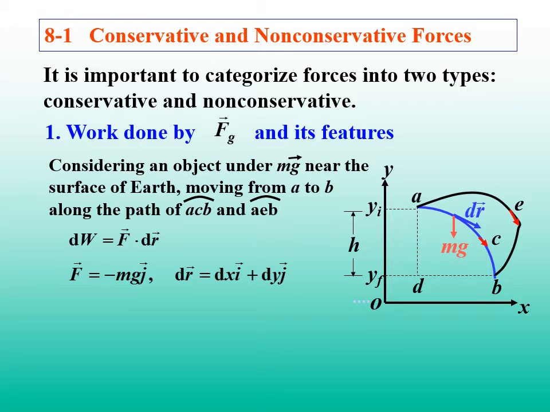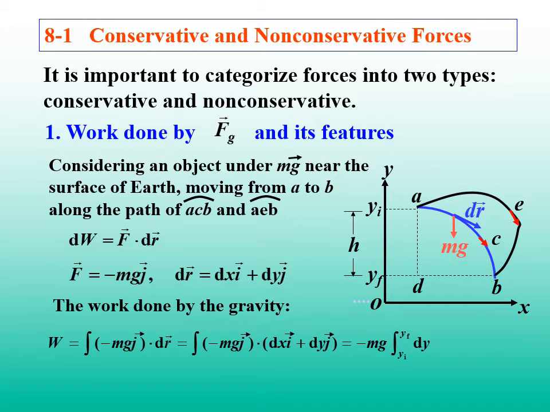The infinitesimal work done by the force, dW, equals F dot product with dr. Here, the force F equals minus mg j, because the gravitational force is downward, but the positive direction of the y-axis is upward, so we have a minus sign here. dr splits into dx i plus dy j.